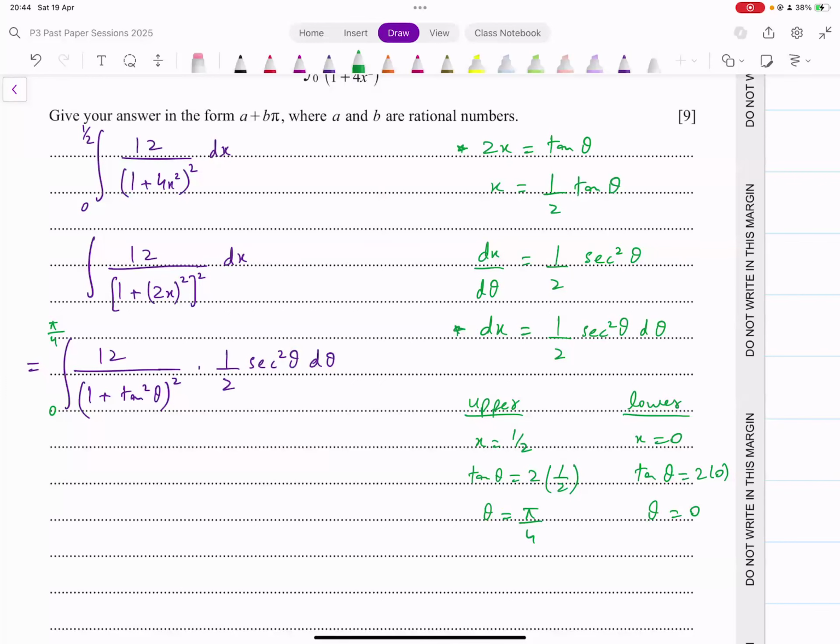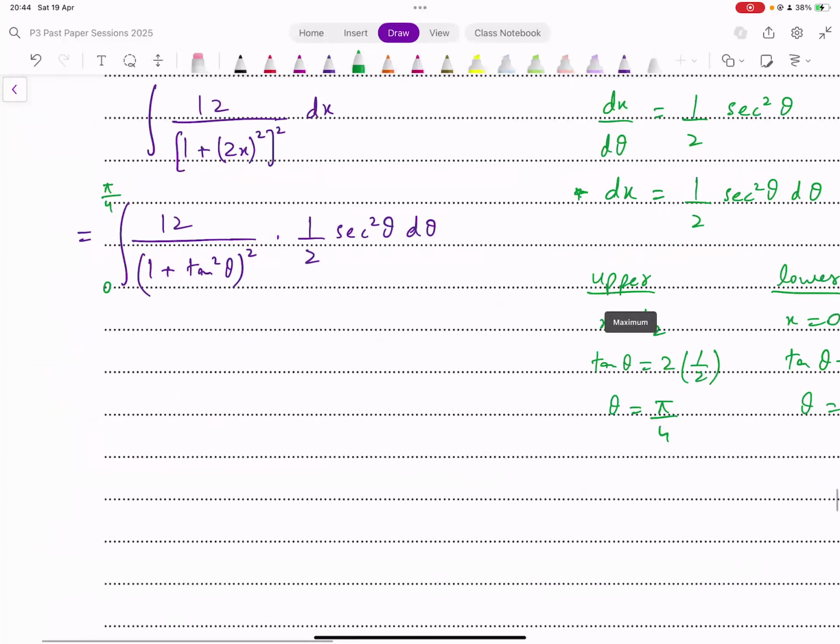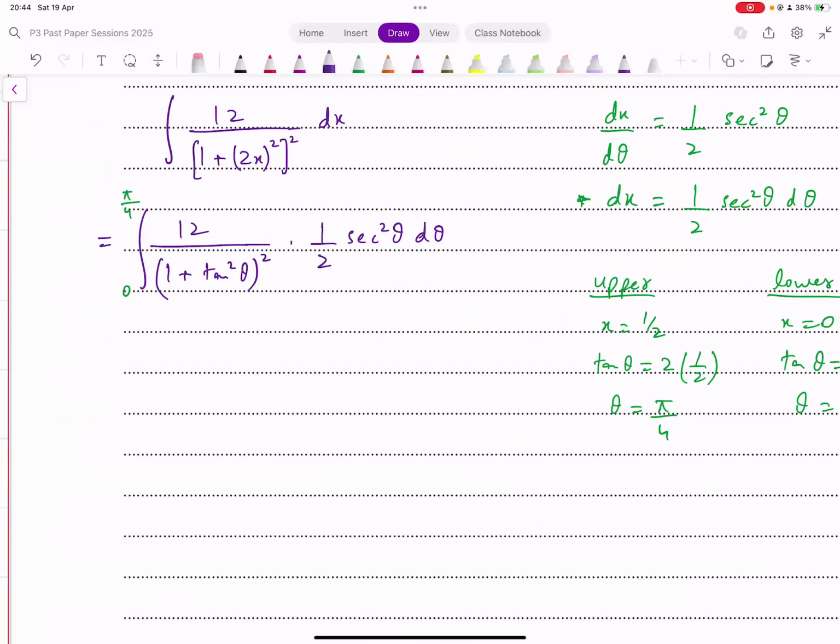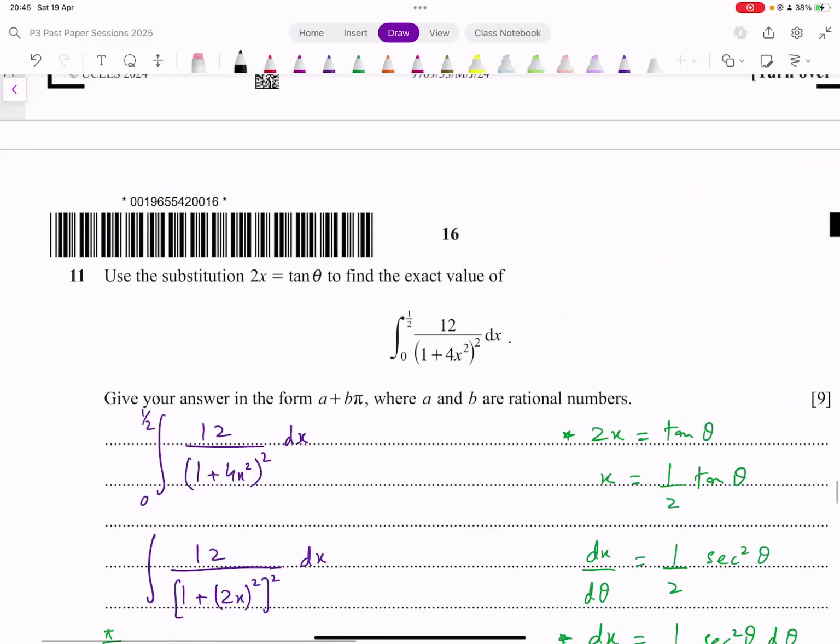Lower limit is 0 and the upper limit is pi over 4. Now, how do we integrate this? Let's try to simplify this and see what that gives us. 1 plus tan square theta is what we have in the denominator. We know that 1 plus tan square theta simplifies to secant square theta, right? That's an identity that we've got.